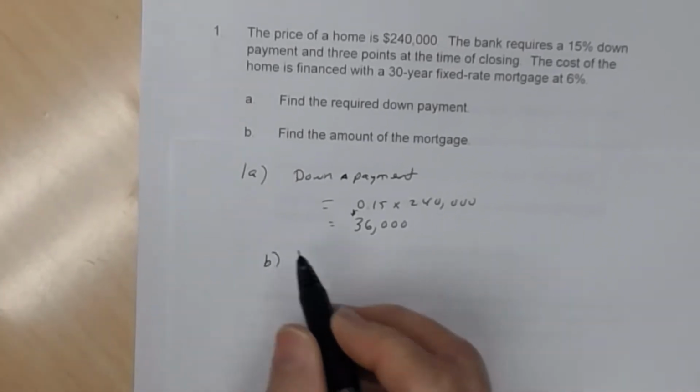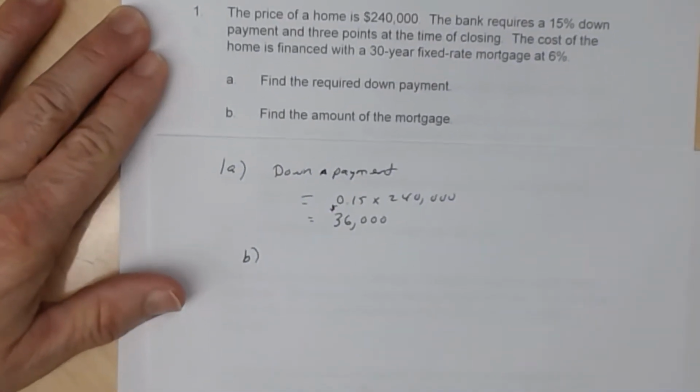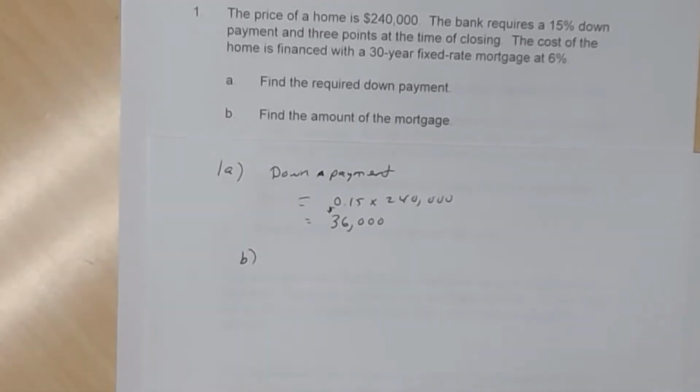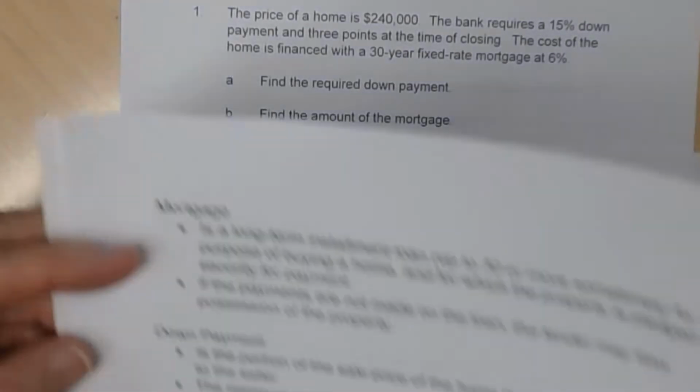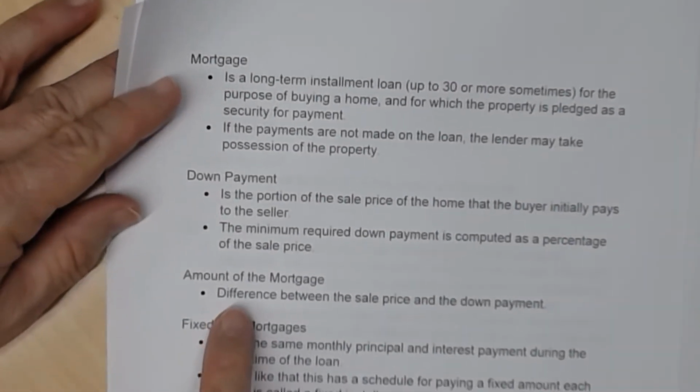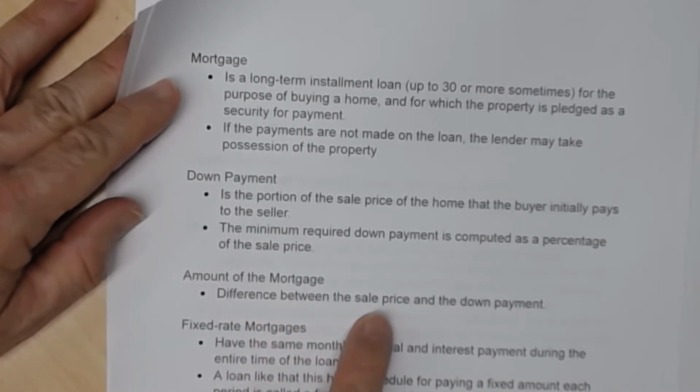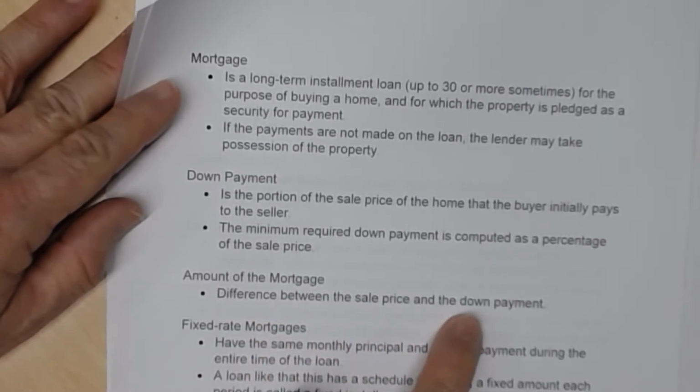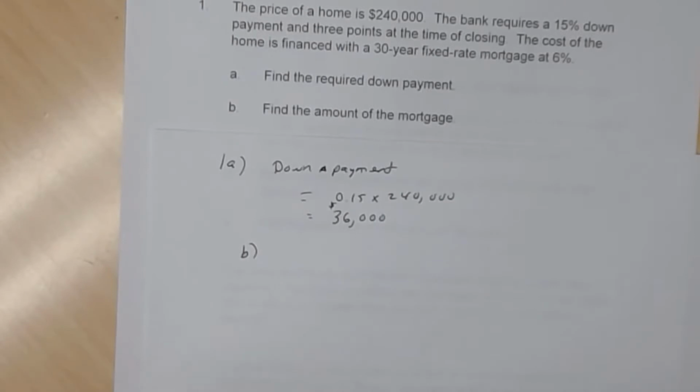All right, B, find the amount of the mortgage. Well, remember when we discussed the amount of the mortgage right here? The amount of the mortgage is the difference between the sale price and the down payment. So remember, difference means to subtract.